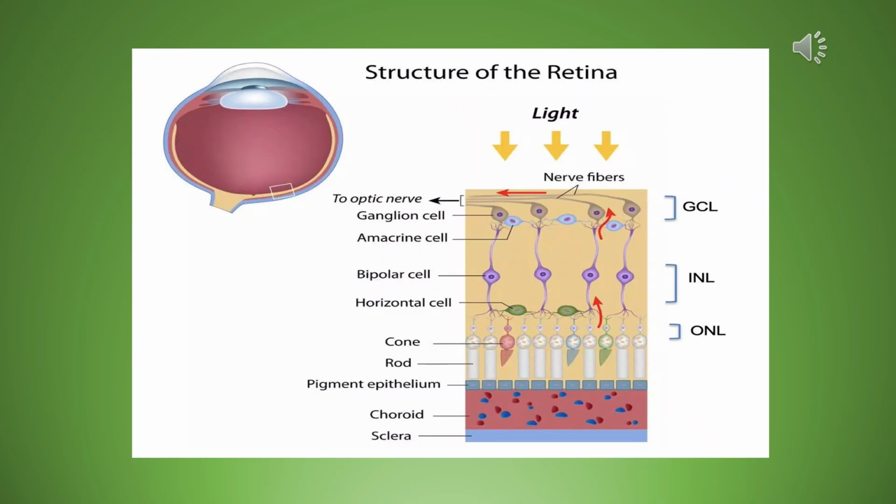Okay, when we take an up-close look at the retina itself, well, let's begin right at the very bottom of this illustration. The outermost layer of the eye is the sclera. The layer that is internal to that is the vascular layer. We have blood in the choroid, and then internal to that is our retina.